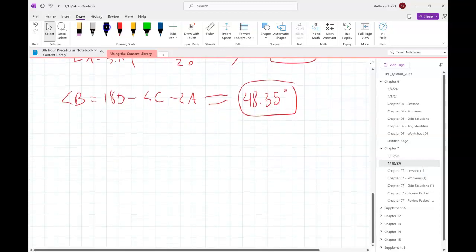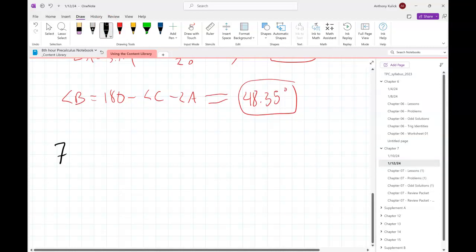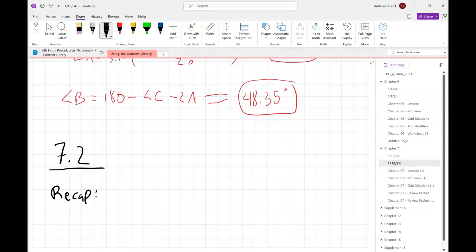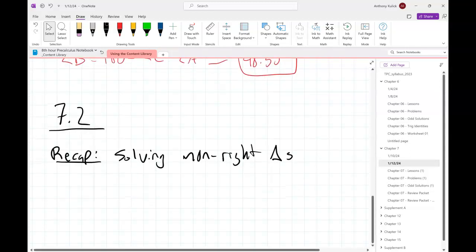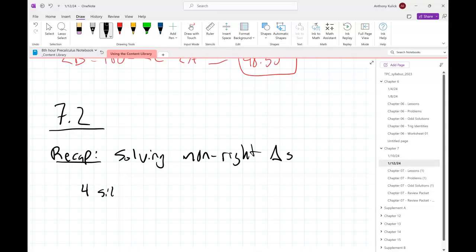Let's start 7.2 here. So just as a recap, what we've been working on is solving non-right triangles. We've looked at 4 situations. We've done angle, angle, side, and angle, side, angle. Those we just use law of sines, where there's always one triangle possible.